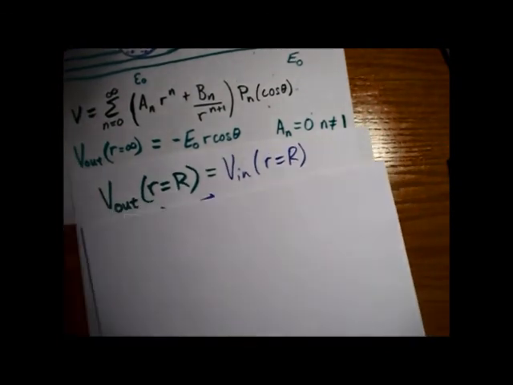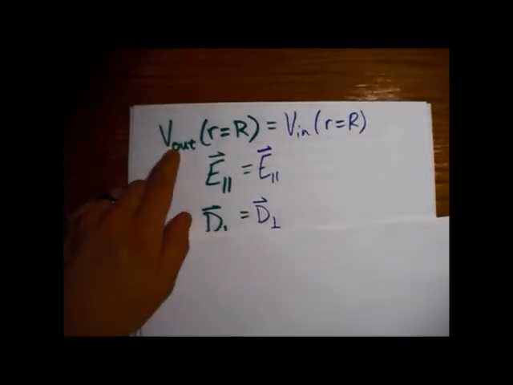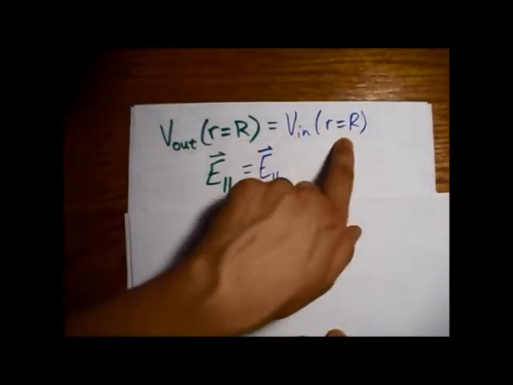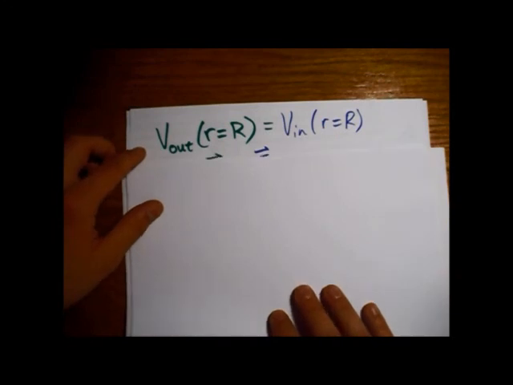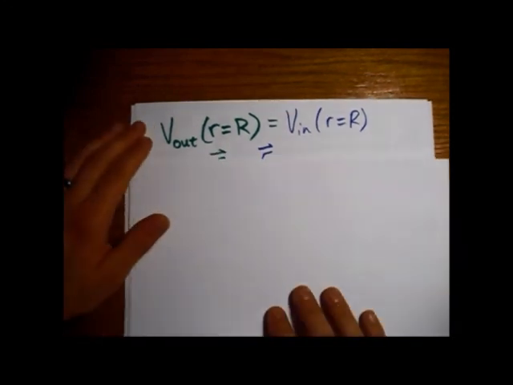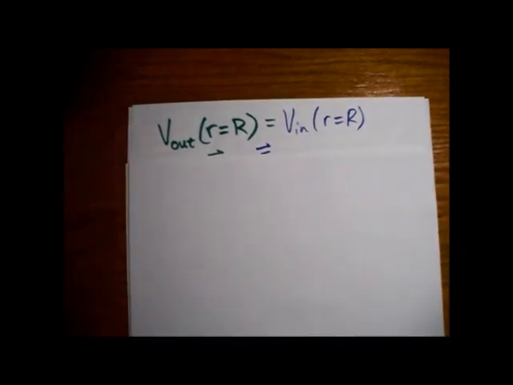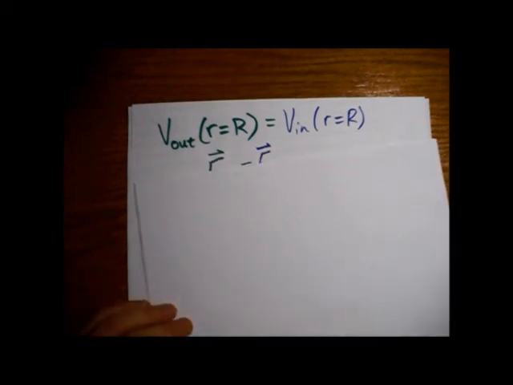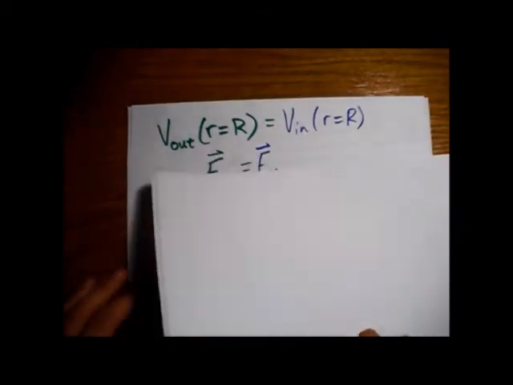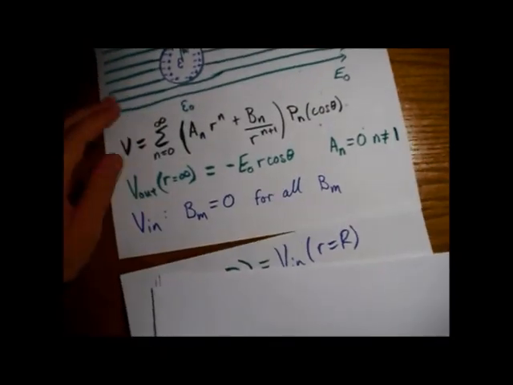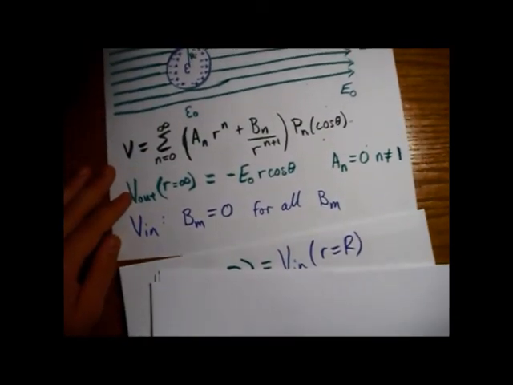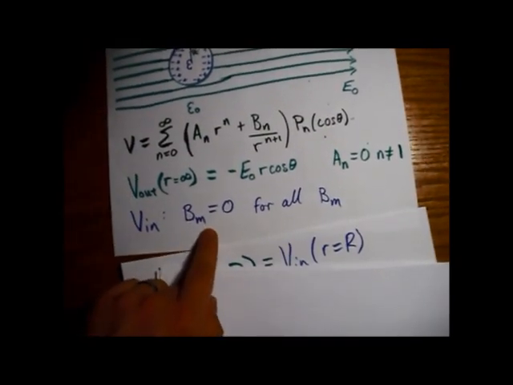All right, so we're going to start with this boundary condition up here, or you can use this one, you get the same thing. So we'll start here with the inside. For the inside we had all the B parts going to 0.